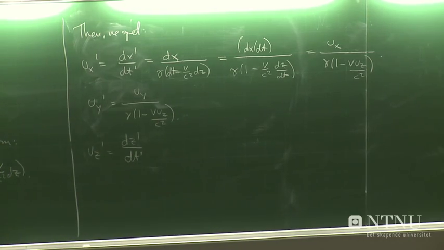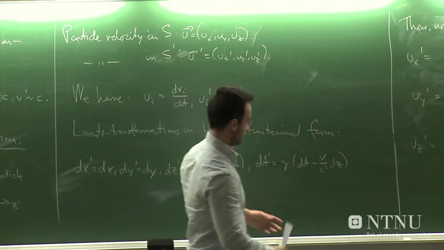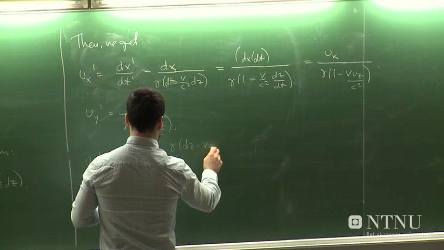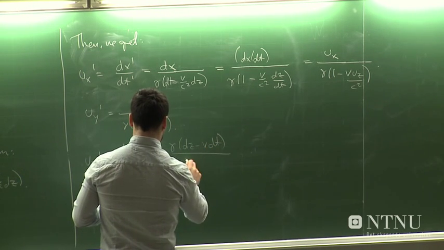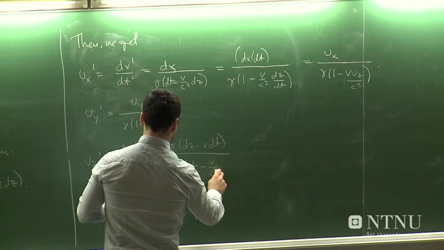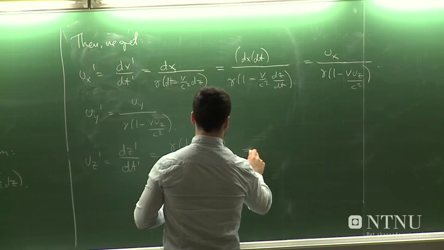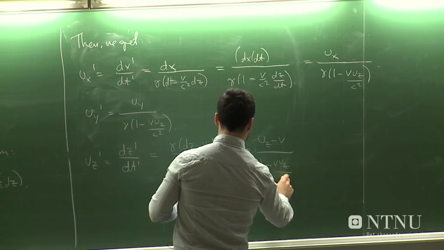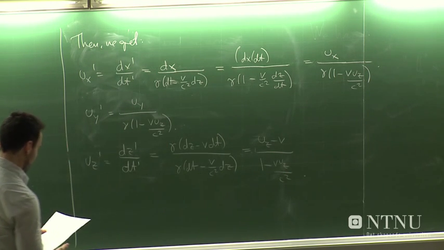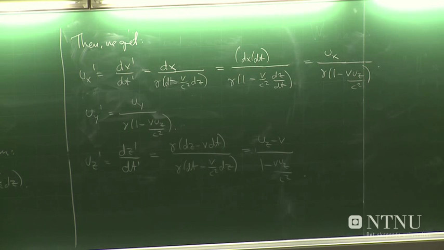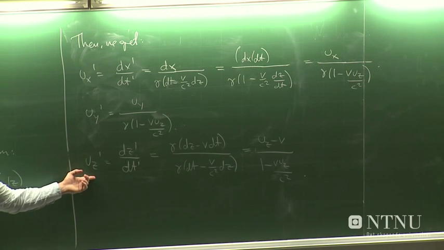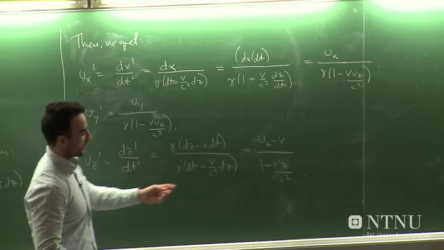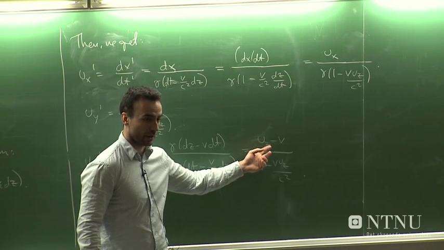we now have to use the transformation both for dz prime and dt prime. So we see then that the particle's velocity in the z direction, as seen in the prime system, is equal to the particle's velocity as seen in our system minus its relative velocity.